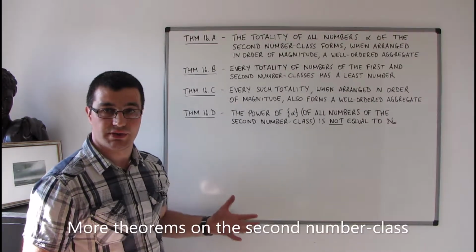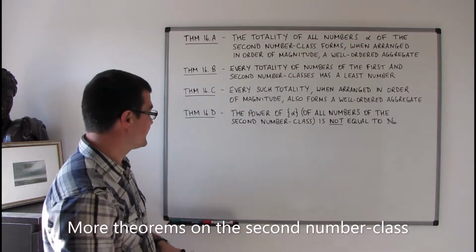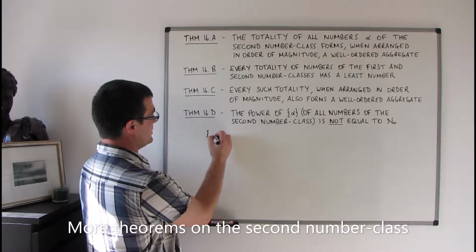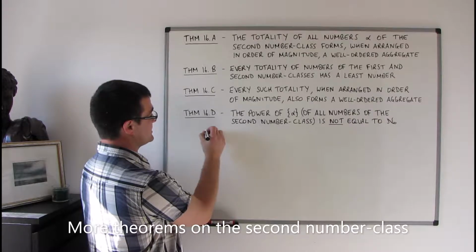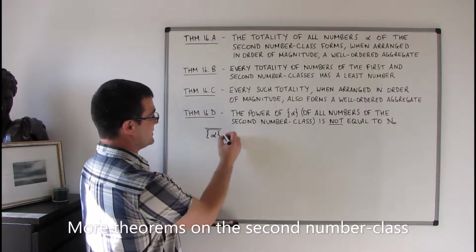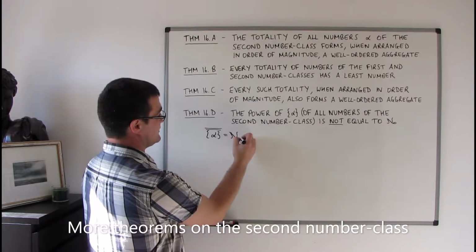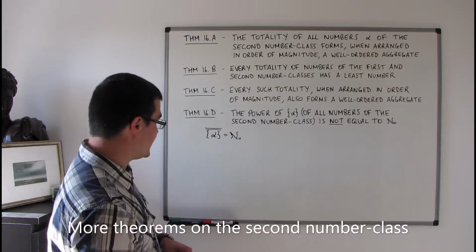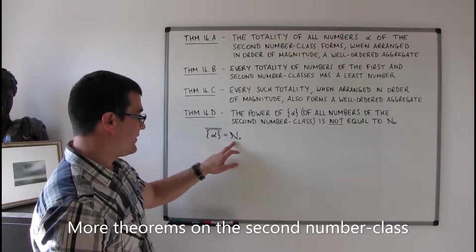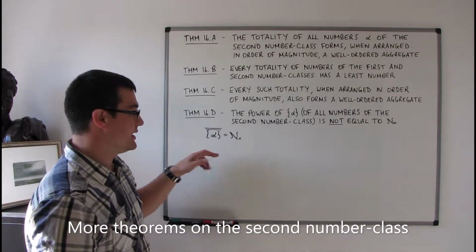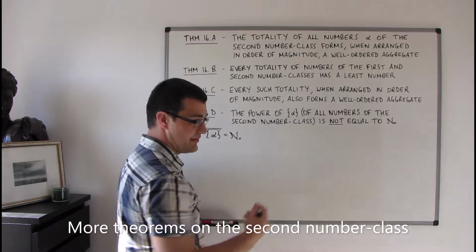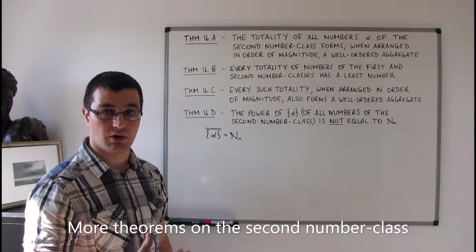We're going to do a proof by contradiction, and assume that the power of our aggregate of all numbers of the second number class is actually equal to Aleph naught, and from this we'd hope to get our contradiction. Well, if that's the case, then I can bring this aggregate into the form of an aggregate that has the type, the ordinal number omega.